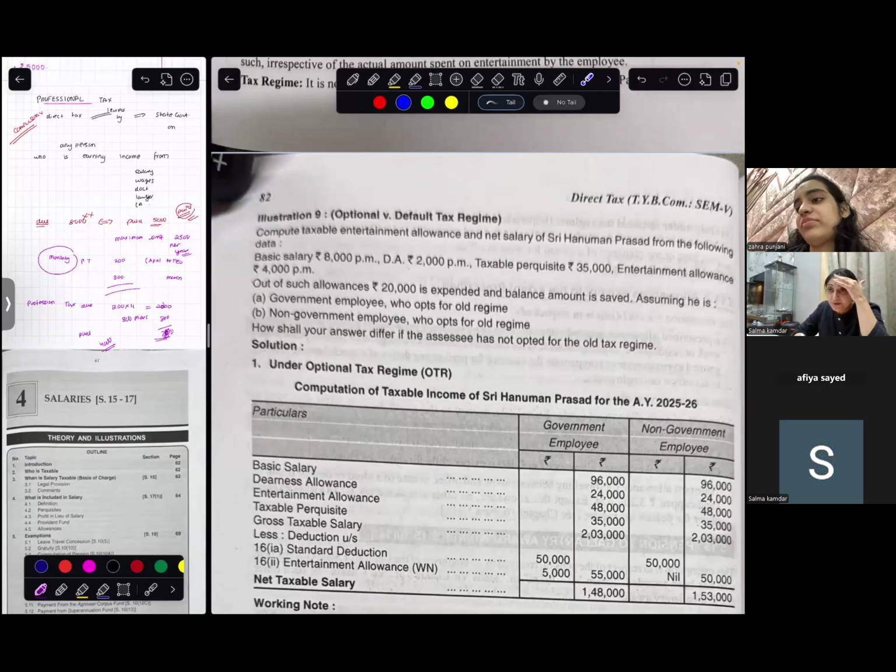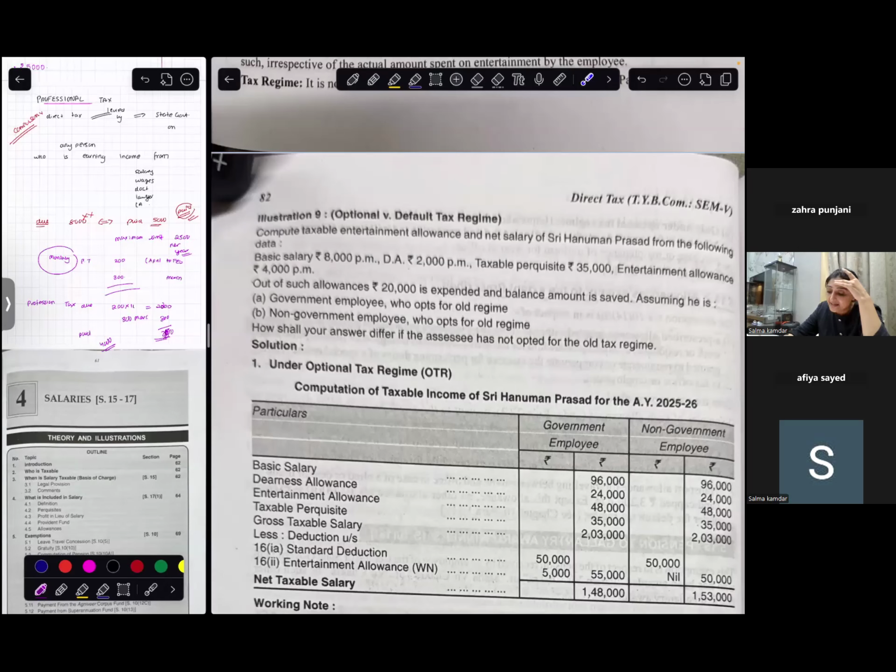You have to compute taxable entertainment allowance and net salary of Hanuman Prasad from the following data. Can you talk about entertainment allowance to me?